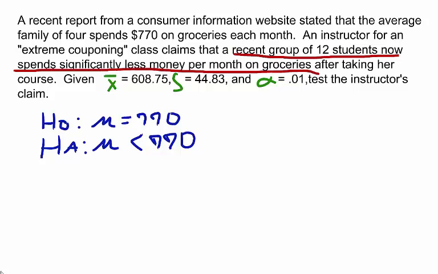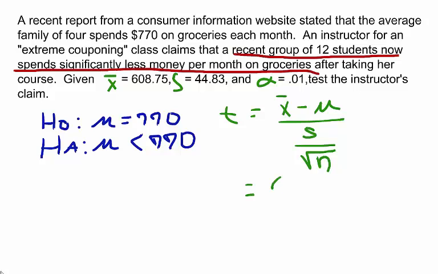Next, we need to find our t-score. The t-score is given by our sample mean minus our population mean divided by our sample standard deviation over the square root of our sample size, n.